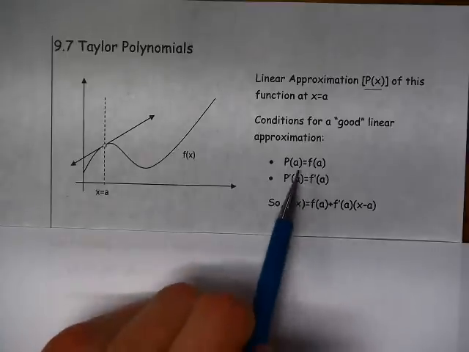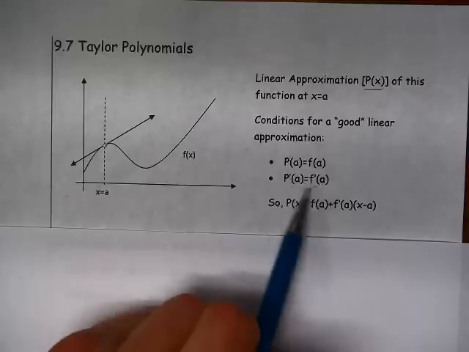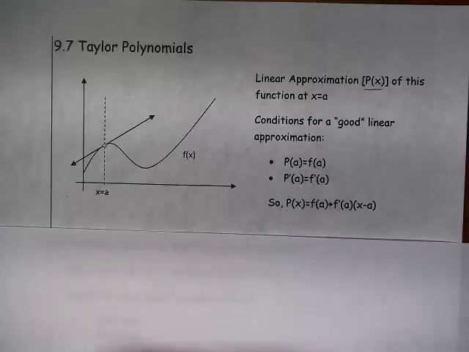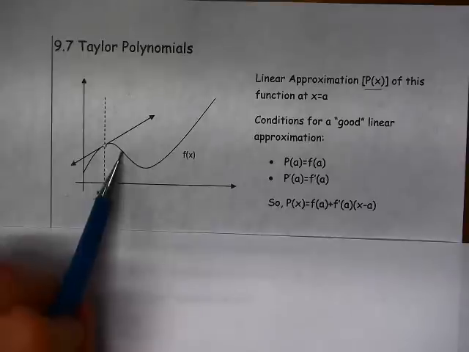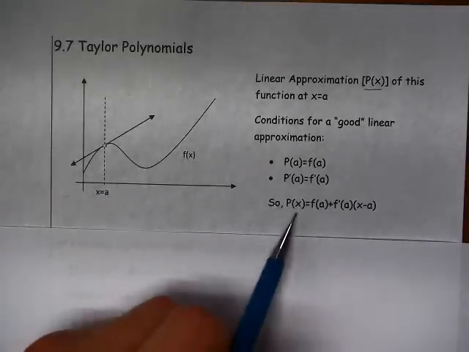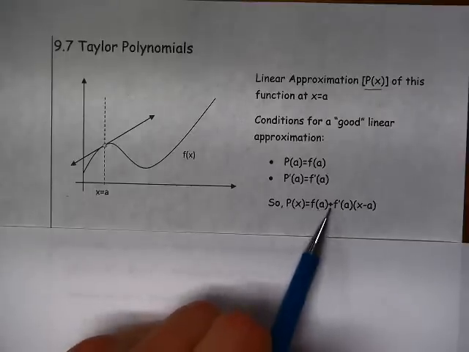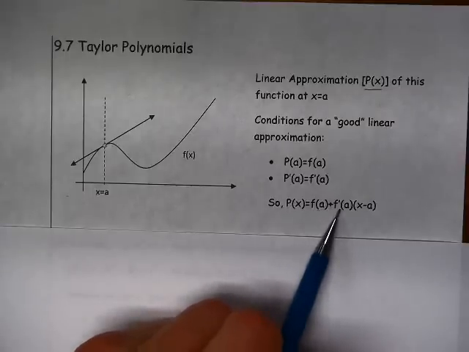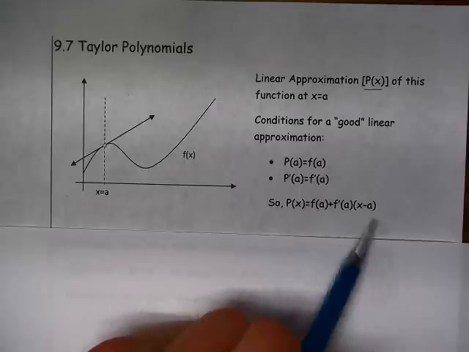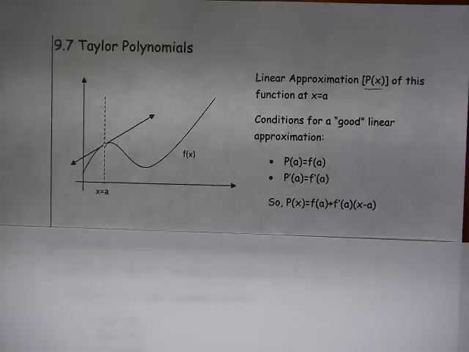So we know that the values of the functions have to be the same, and the first derivatives have to be the same at x equals a. Obviously, they're not the same other places. They're just the same right there. So our linear approximation is we start with f of a, and we add f prime of a times x minus a. And this gives us the equation for the tangent line.